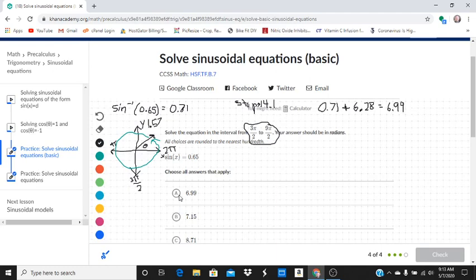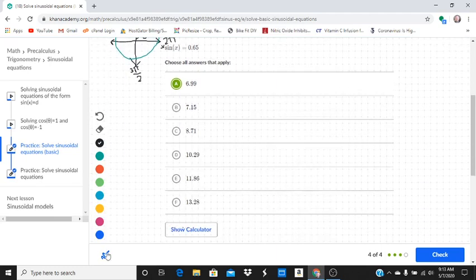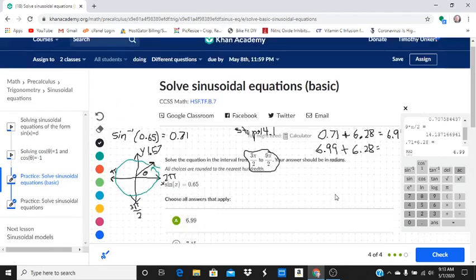Okay, we'll choose this answer. Good. Now we want to do 6.99 plus 2 pi. Let's use the calculator again.